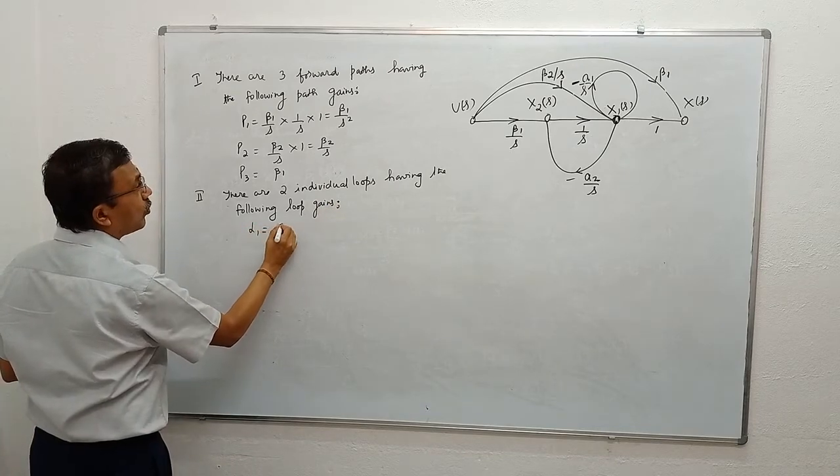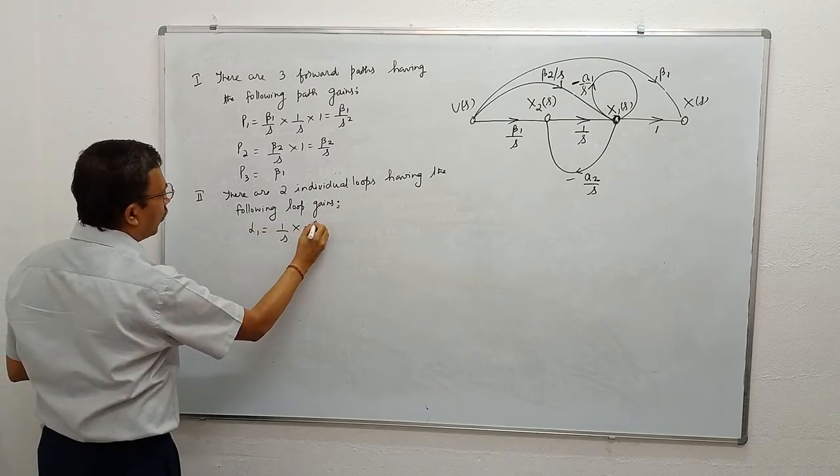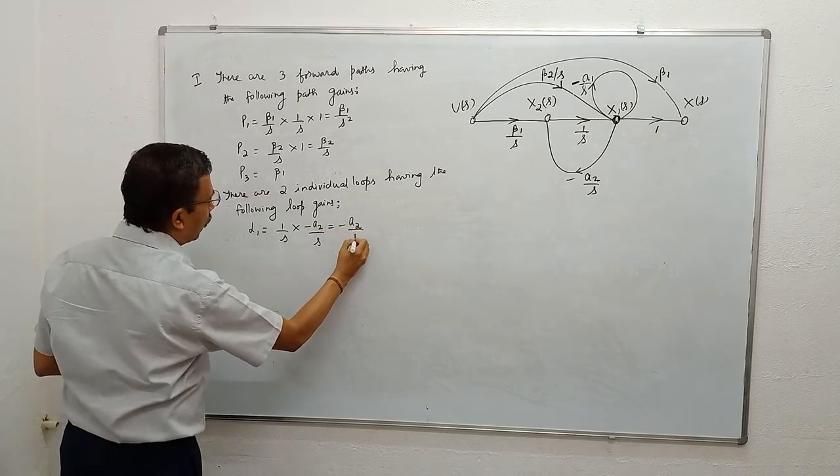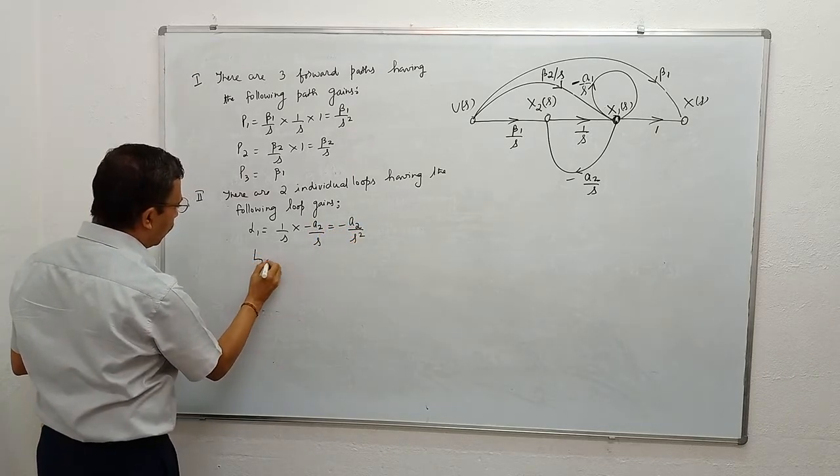L1 is equal to 1 by s into minus a2 by s, which is equal to minus a2 by s square. L2 is equal to minus a1 by s.